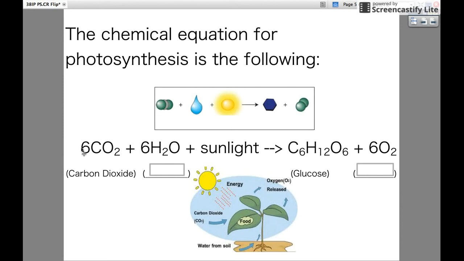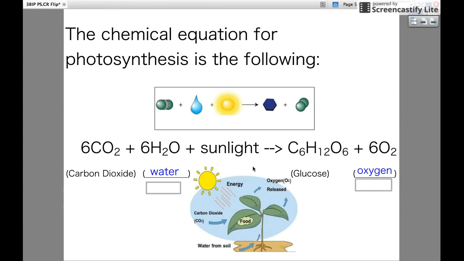What that is: 6 CO2, which just means carbon dioxide, plus 6 H2O, which just means water, plus sunlight gives you C6H12O6, which is also called glucose, which we can think of just as food for the plant, plus 6 O2, which is simply oxygen. So said in English, carbon dioxide plus water plus sunlight gives you glucose and oxygen.